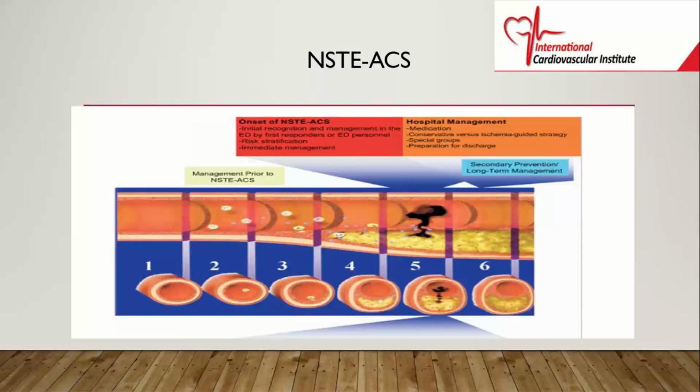You need to know the risk factors for acute coronary syndrome. The risk factors are dyslipidemia or hyperlipidemia, hypertension, diabetes mellitus, smoking, and family history. Those are the major risk factors. There are some other minor risk factors.